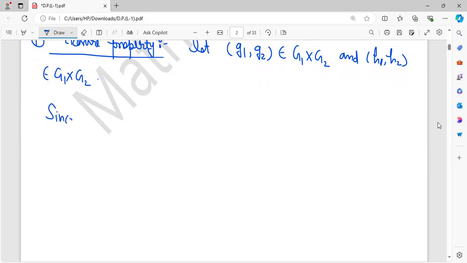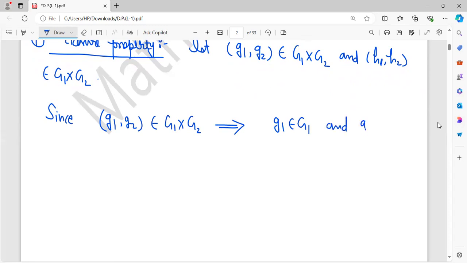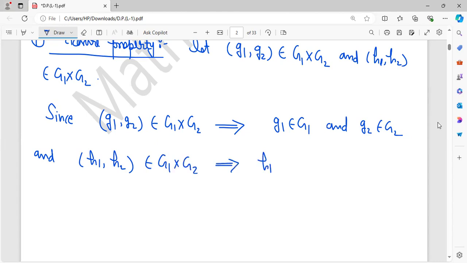Since (g1, g2) belongs to G1 cross G2 implies g1 belongs to G1 and g2 belongs to G2, and (h1, h2) belongs to G1 cross G2 implies that h1 belongs to G1 and h2 belongs to G2. Okay.